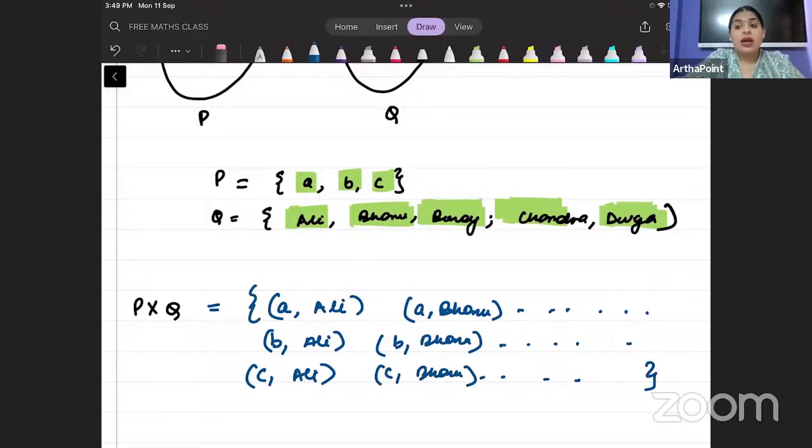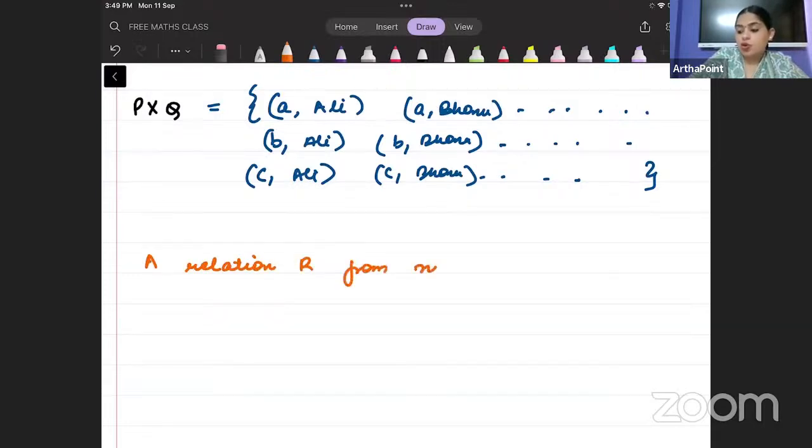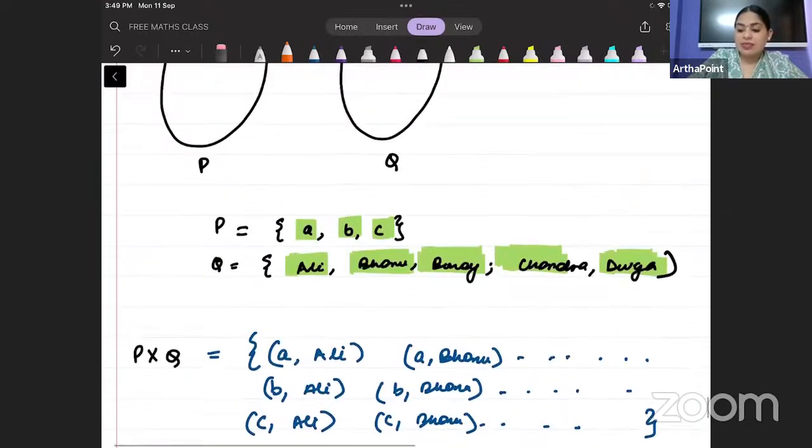Now today, I want to take one step ahead and define a relation. So let me first write the formal definition. Write: a relation R from a non-empty set A to a non-empty set B. So I have a non-empty set A. A should not be empty.